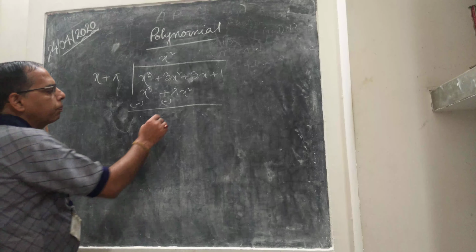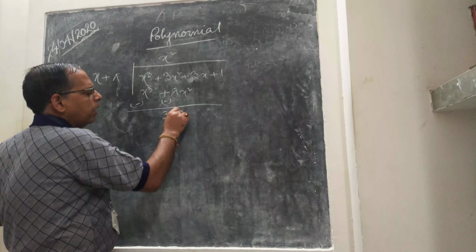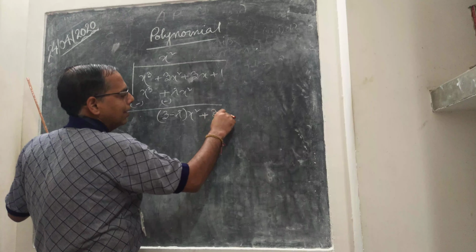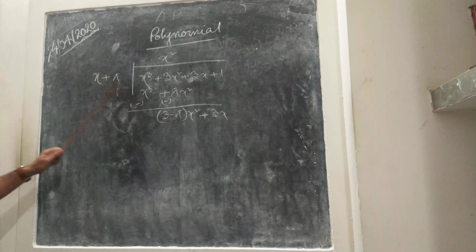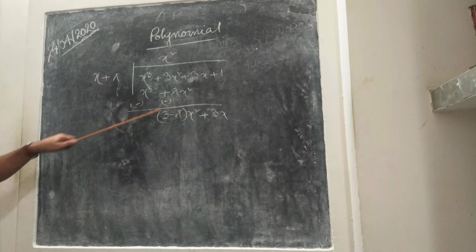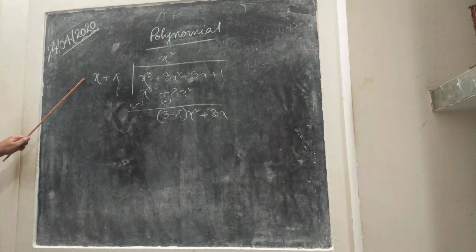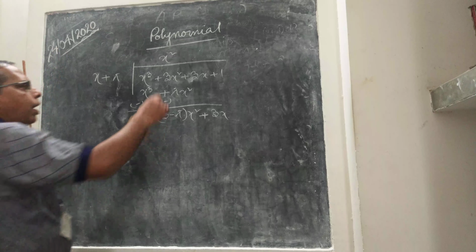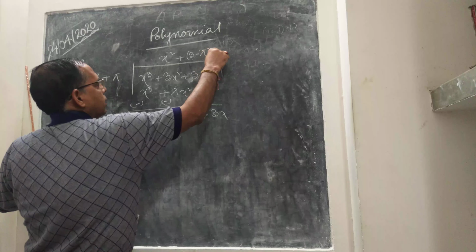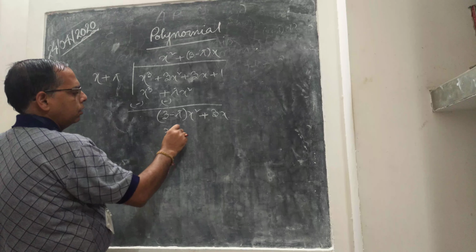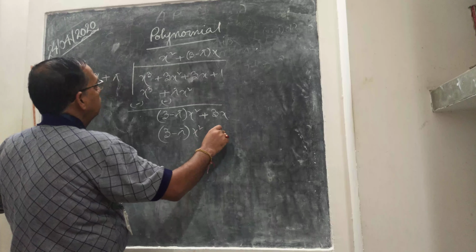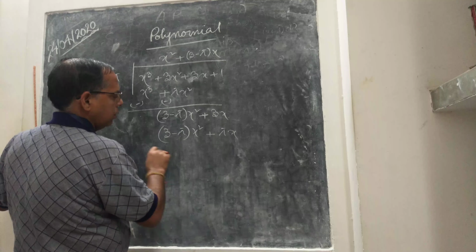So what will it be? 3 minus pi x squared plus thrice x. Now you see once again, this will be treated as one only, one coefficient only. Remember, there is not a two coefficient. So here it is 1, here 3 minus pi, so plus, and both are plus, so 3 minus pi x squared plus pi x.